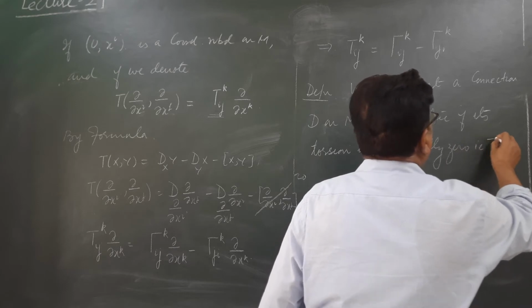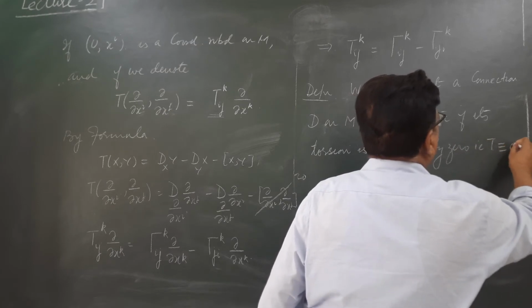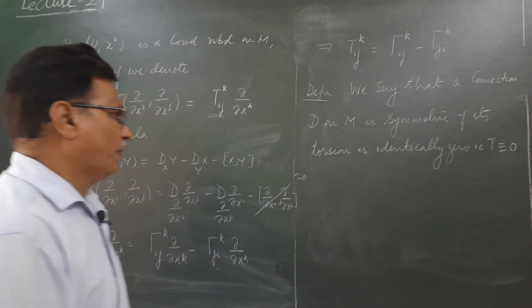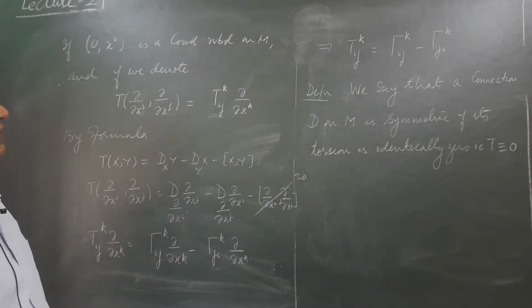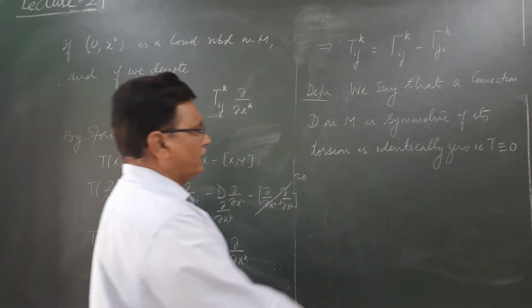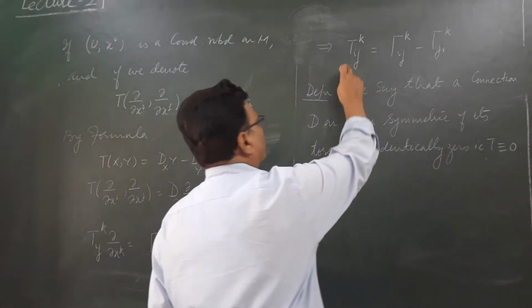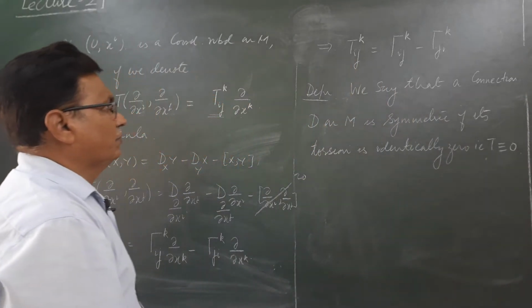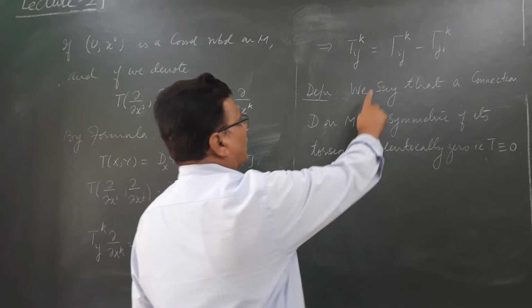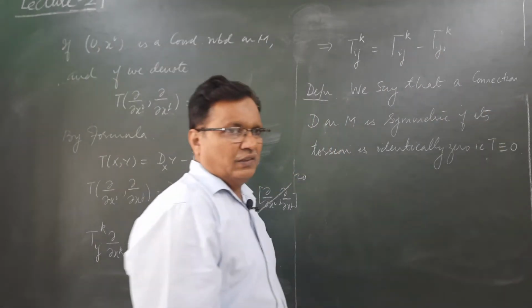That is, T is identically 0. And from the local expression you can notice if T is identically 0, its component coefficients will be 0, and therefore Γ^k_ij will be equal to Γ^k_ji.